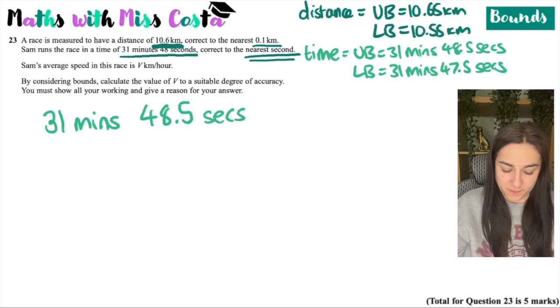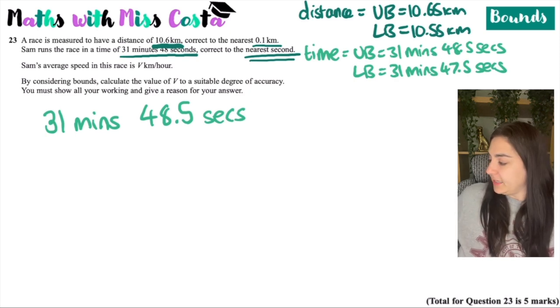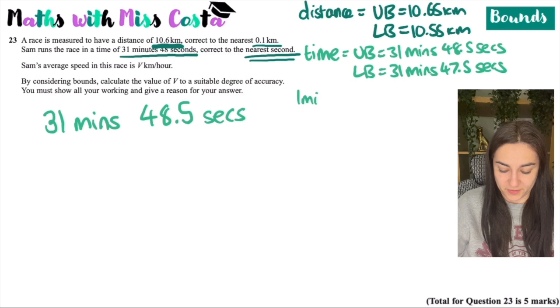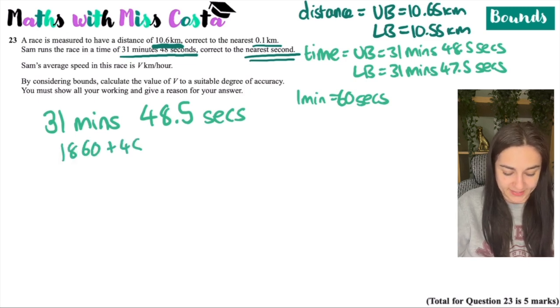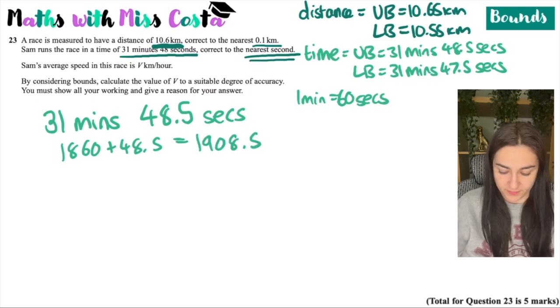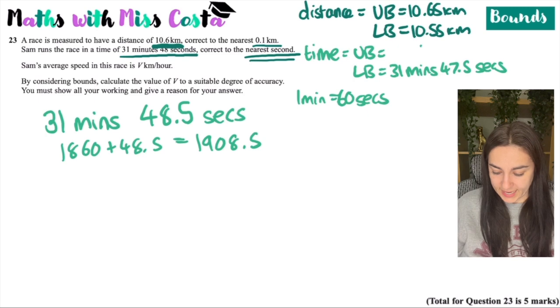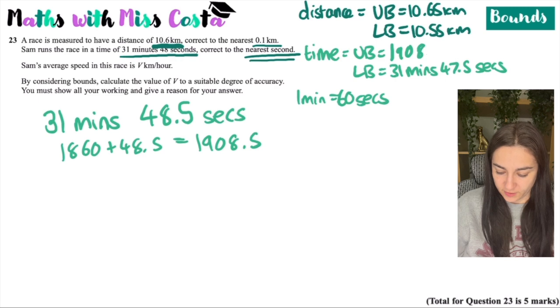So I could convert the minutes into seconds. So 31, remember, I'm sure you know this, but just for reference, 1 minute is 60 seconds. So 31 times 60 is 1,860. And then if I add 48.5 to it, that gives me 1,908.5. So my upper bound is actually 1,908.5 seconds.